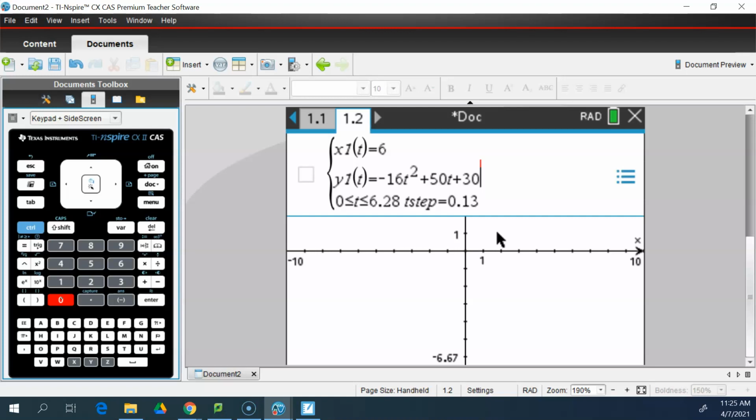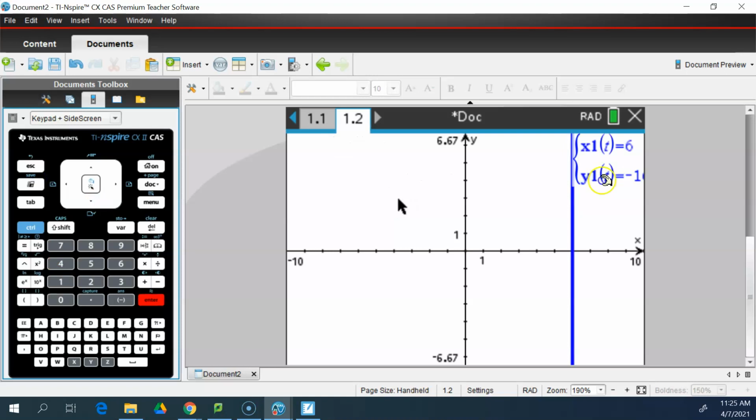My t-range can be any number as long as it's bigger than 3.64. If it's smaller than 3.64, our ball is never going to hit the ground. But if it's bigger, on the graph it's going to look like it's going through the ground. So I'm going to switch this to 4.